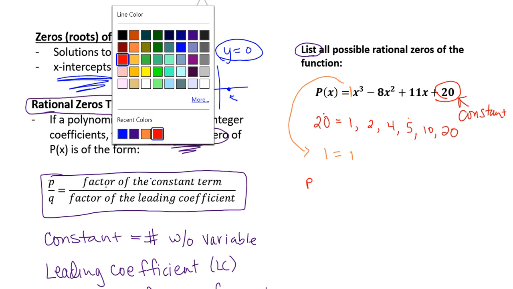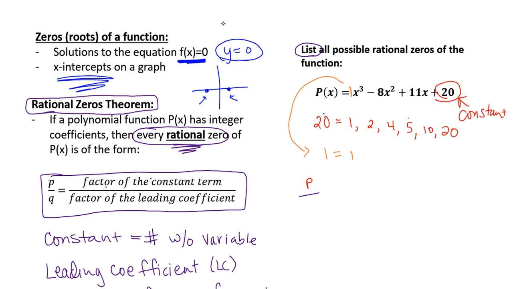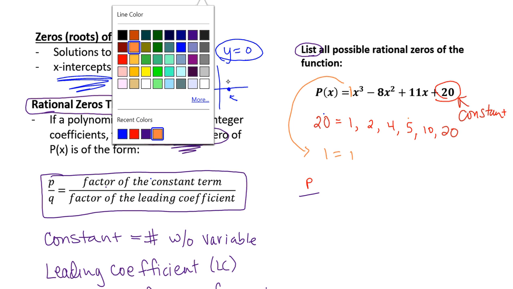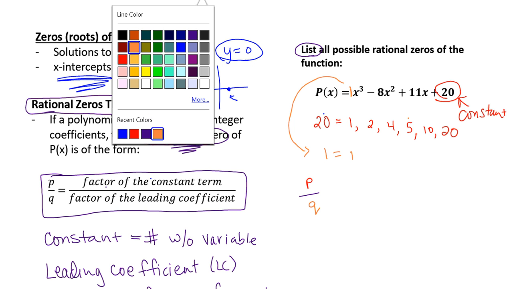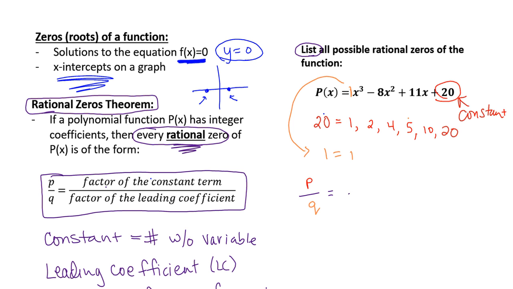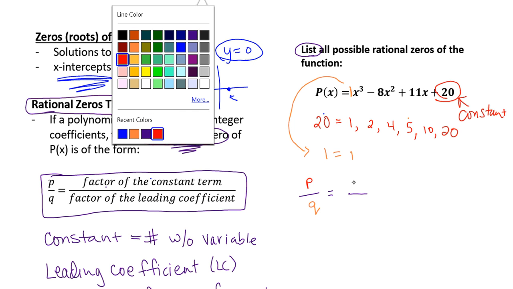P over Q. You're just going to combine all possibilities of these red factors over that orange factor. And there's only one orange factor. You always just start with taking all of your factors, all your P's, and writing them out and dividing them by that first one.